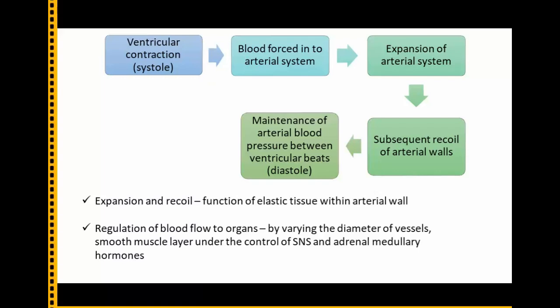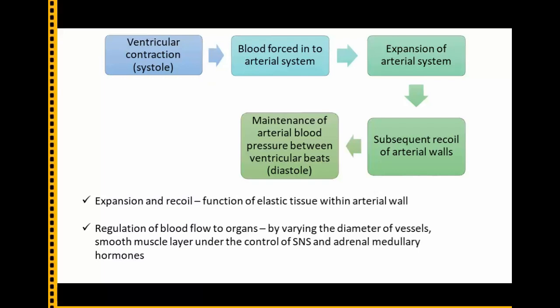The artery wall is capable of expanding and recoiling. It is a function of the presence of elastic tissue within the arterial wall. So, that is one difference in the arterial wall. Then there is regulation of blood flow to organs. Arteries can regulate how much blood goes to an organ, whether the kidney needs more blood or the gut needs more blood.